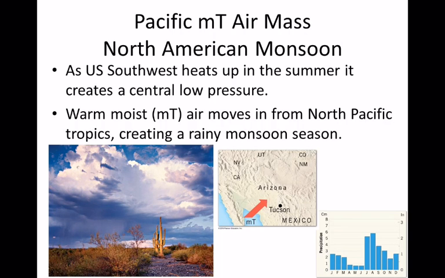I'll put an L there for Arizona. We have a low pressure here because it heats up more quickly than the ocean. And that creates kind of an incoming situation. And now since we've talked about air masses, we get that from our South Pacific, basically, the maritime tropical air moving in and dumping.